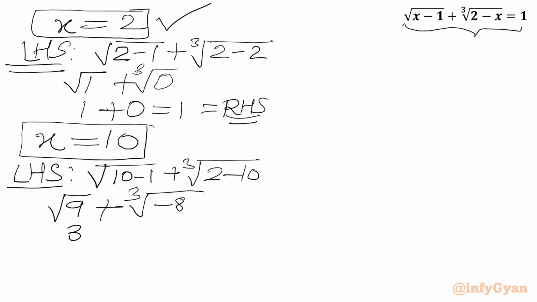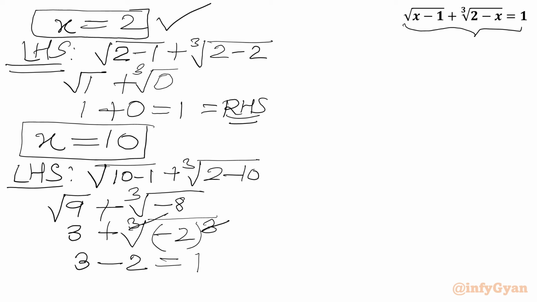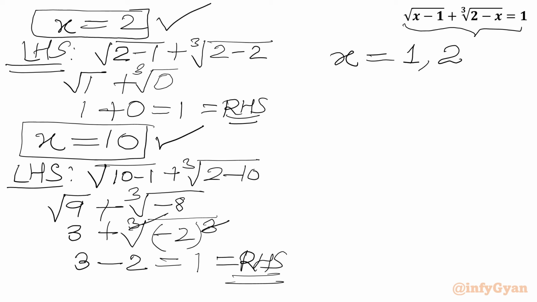Square root 9 is 3 plus cube root of minus 8, we can write as minus 2 whole cube. Now we can cancel cube root and cube here. So I can write 3 minus 2, which will produce 1, and 1 is our right hand side. Hence our third solution x equal to 10 is also a verified solution. So we will write our answers: x equal to 1, x equal to 2 and x equal to 10.